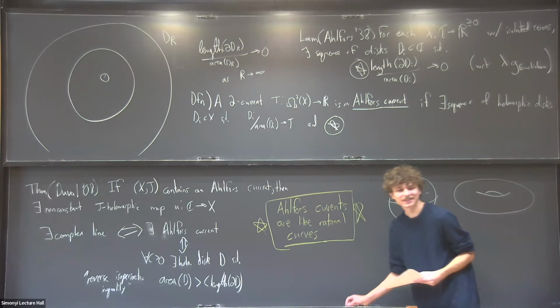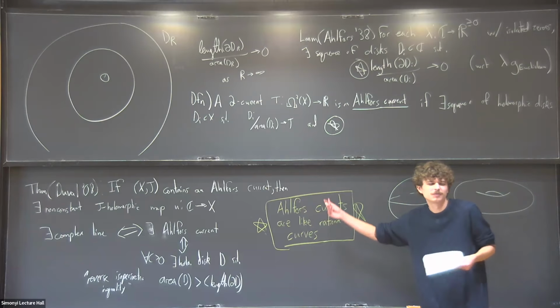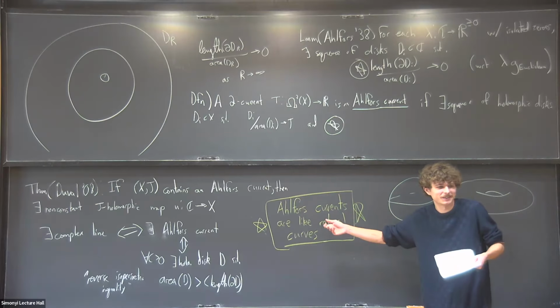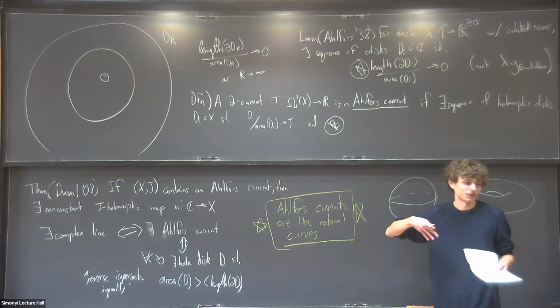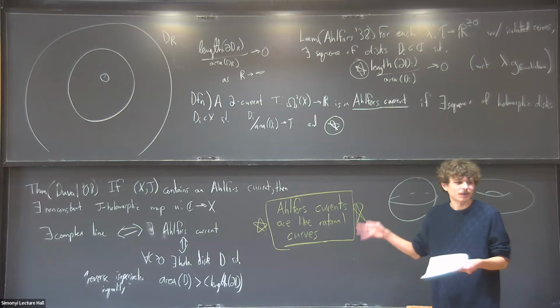I'll define this in a couple of ways, but just let me say, you might think it's kind of a nothing analogy because disks are like rational curves, complex lines are like rational curves, but I think the analogy is surprisingly strong.